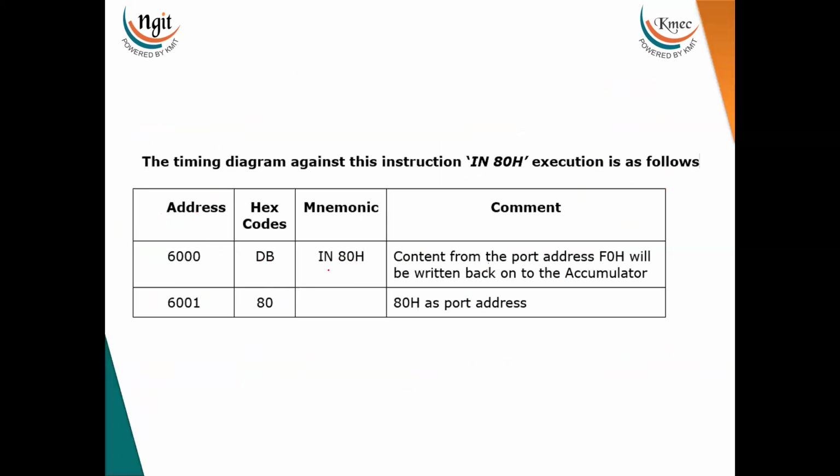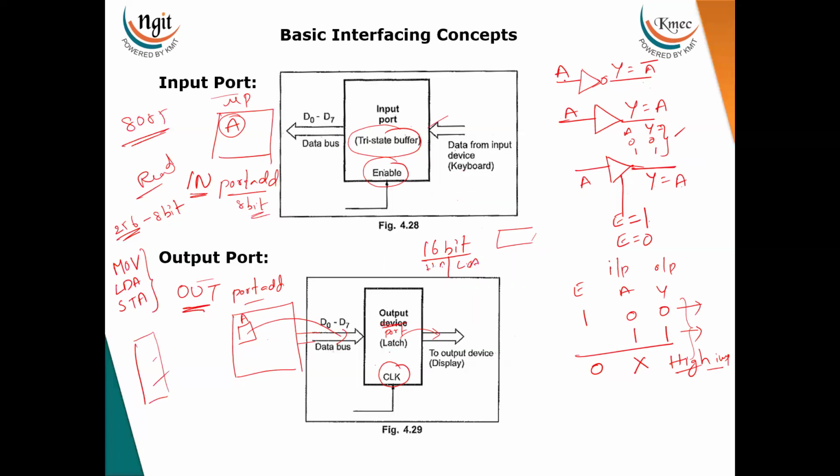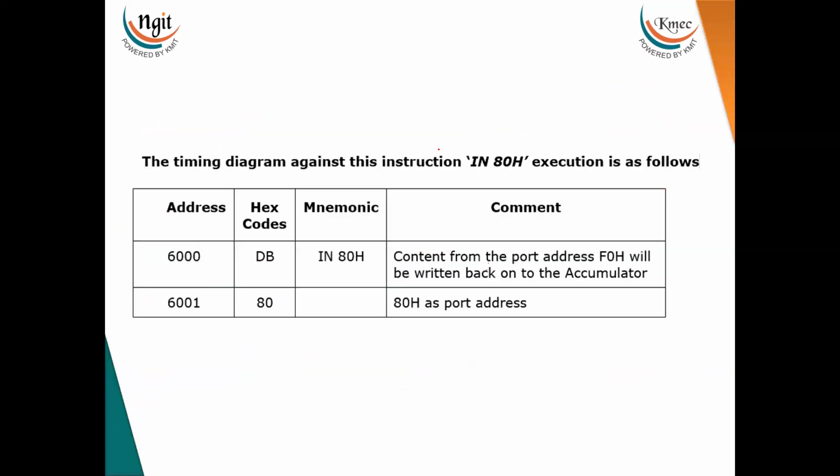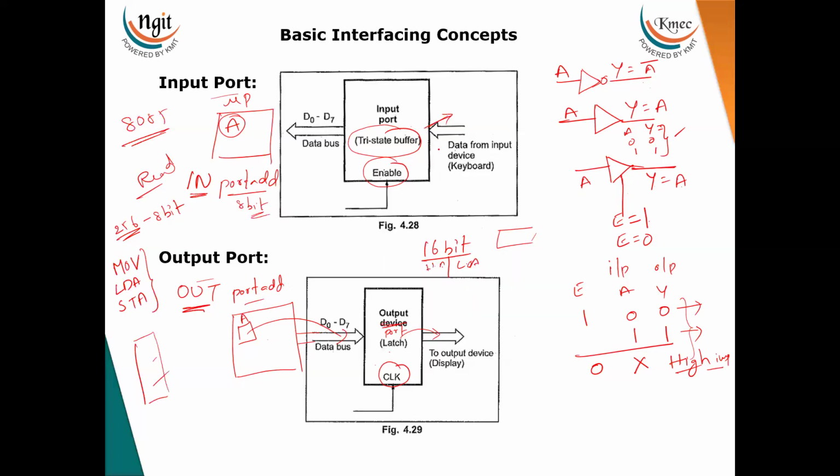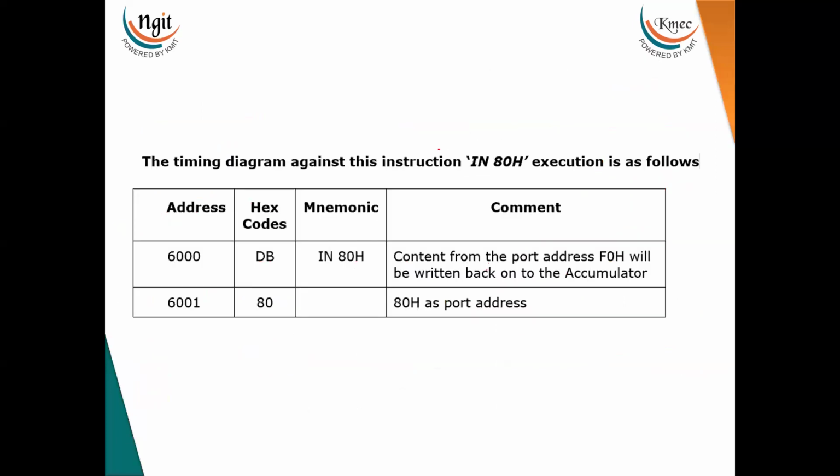Now this is the syntax for the IN instruction. IN 80 means 80 is the port address. We may have many input devices and output devices. The place where you connect these devices has one address, called the port address. If you are connecting the mouse and keyboard to the CPU, each and every connector has one address called the port address.